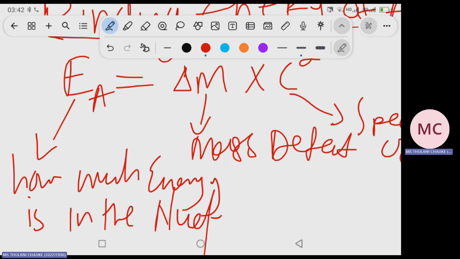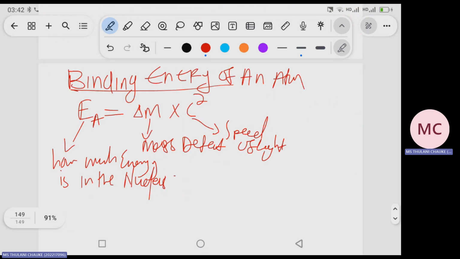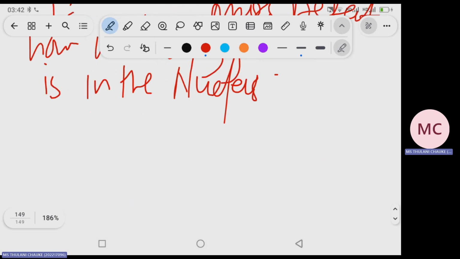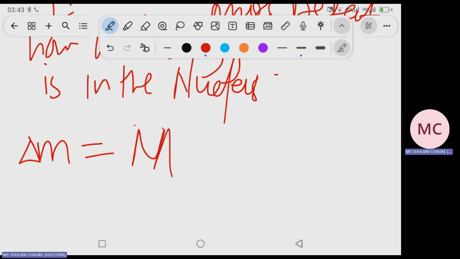I will forgive the handwriting, guys. I just want us to wrap up these things. Then the change in m, we know the formula is given by, I forgot it. Let me just try to write it first.